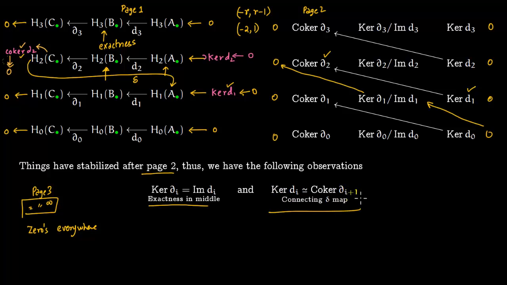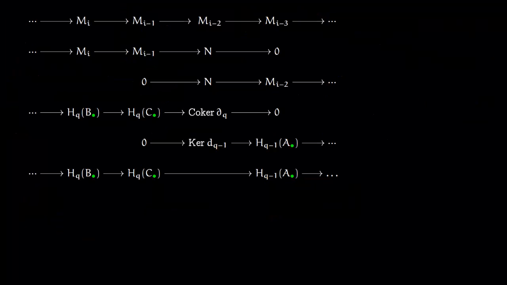So let us just see again how gluing these two actually leads to this delta map. So say we have an exact sequence like this and we have another exact sequence like this, and these two are the same. If these two are the same, you can glue them together to get a sequence like this. And what we are talking about is that we have this map here.